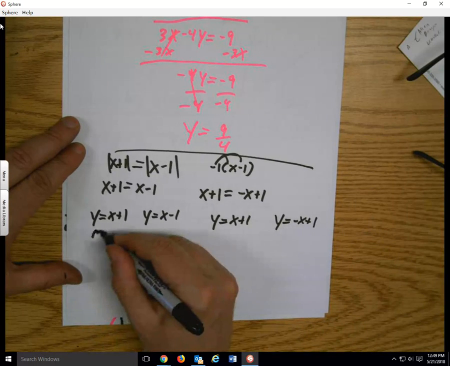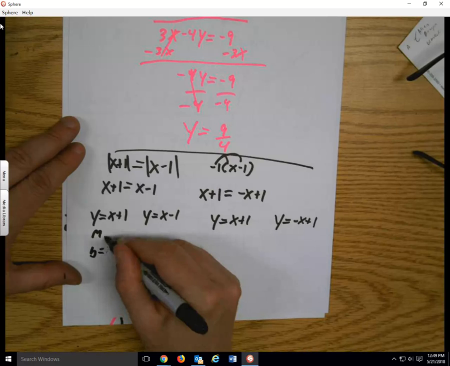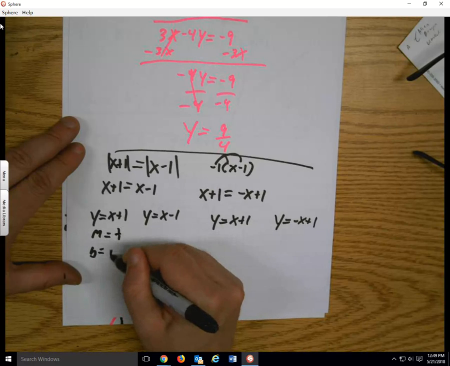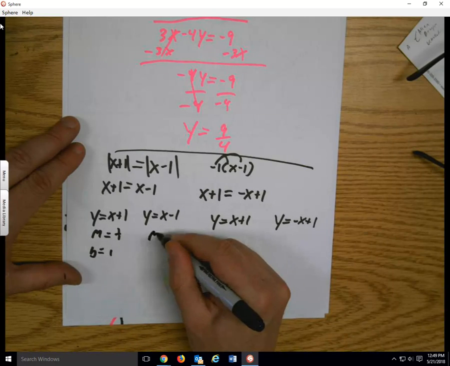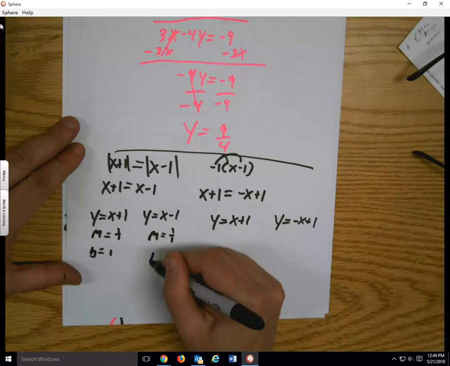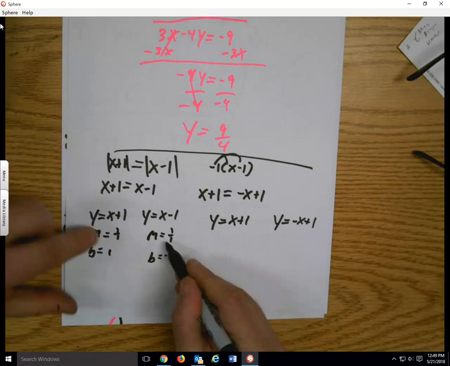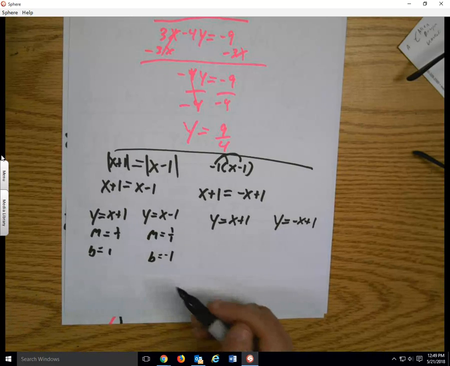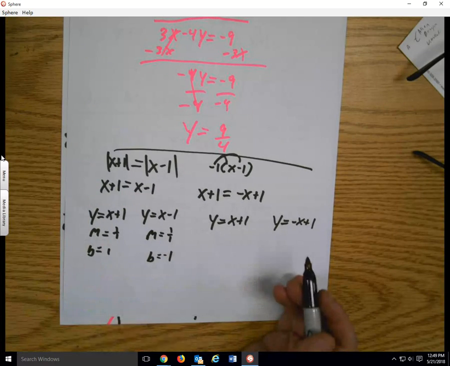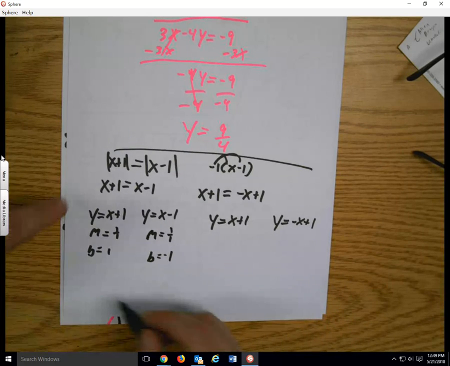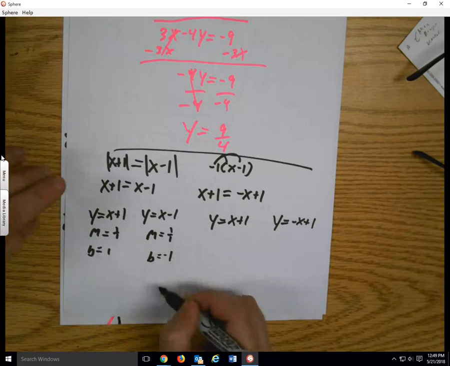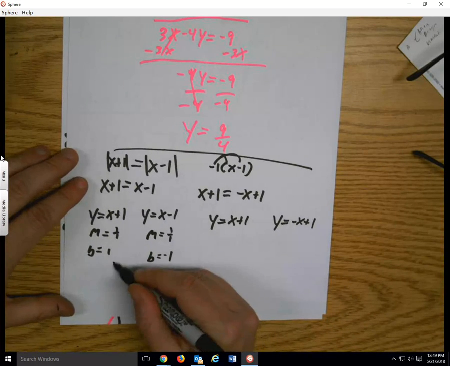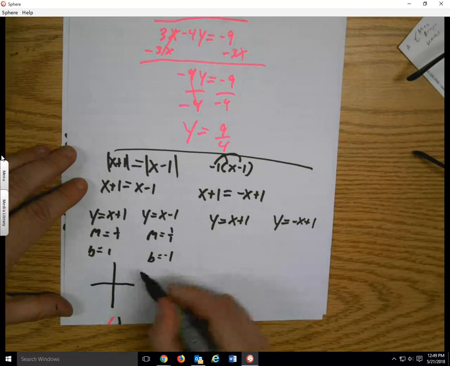Okay, the m and the b: 1 over 1, 1, 1 over 1, negative 1. Notice that you have the same m's but different b's. You might recall from earlier in this video that when you have the same m's but different b's, the lines are parallel. So there's going to be no solution, but let's just graph it.